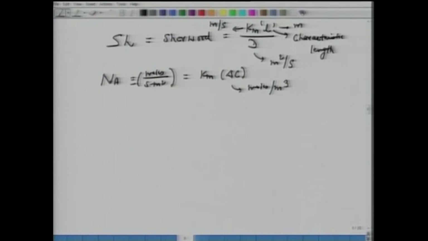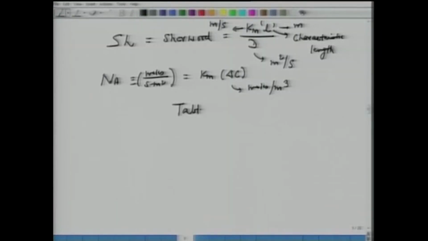Okay, so in literature you will see that there are several cases which people have studied, and there they have estimated the mass transfer coefficient in terms of certain dimensionless groups like Reynolds number and Schmidt number, from which we obtain this mass transfer coefficient Km, and then we can predict the diffusion flux.